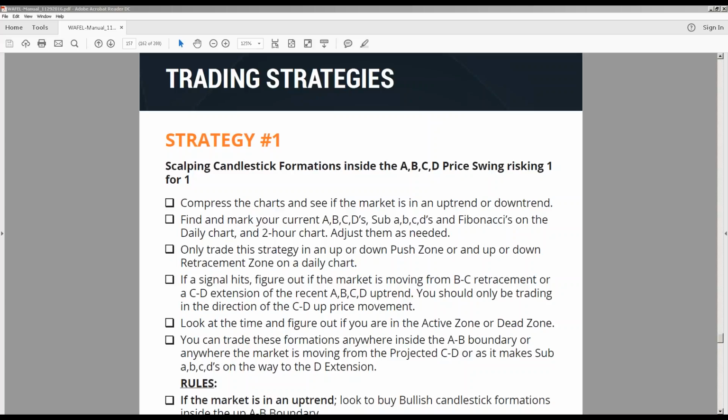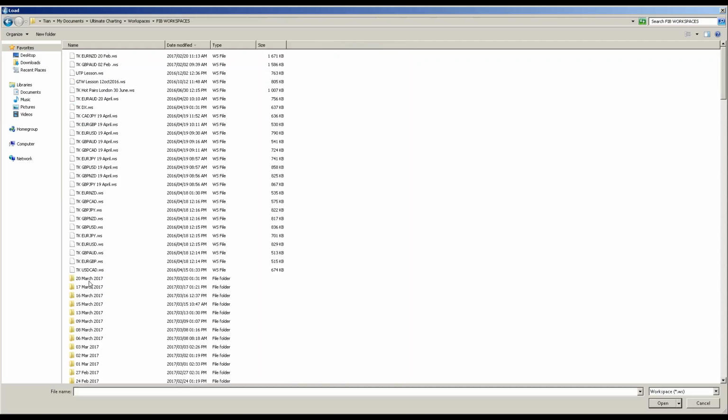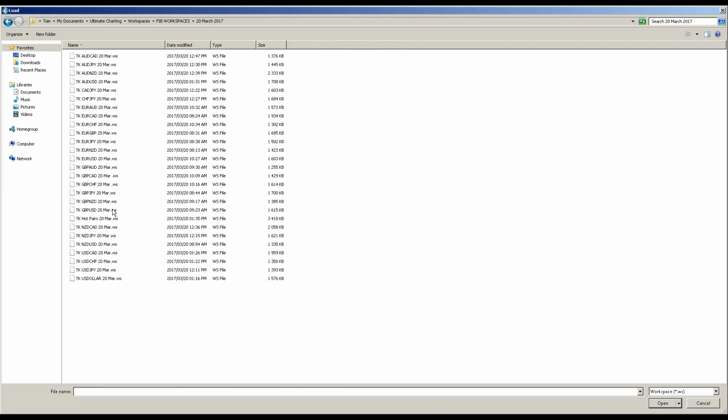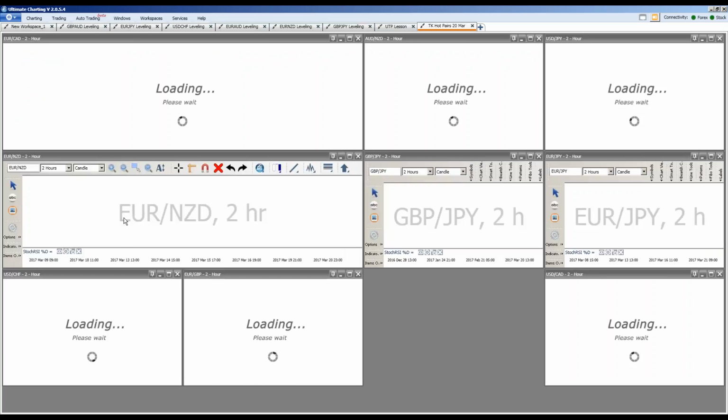Now I'm just going to stop over there and let's have a look at a currency pair that may be lining up for a potential trade. And I just want to have a look at my hot pairs workspace, the pairs I was looking at yesterday, to see if there's anything that's lining up so that we can use that for an example.